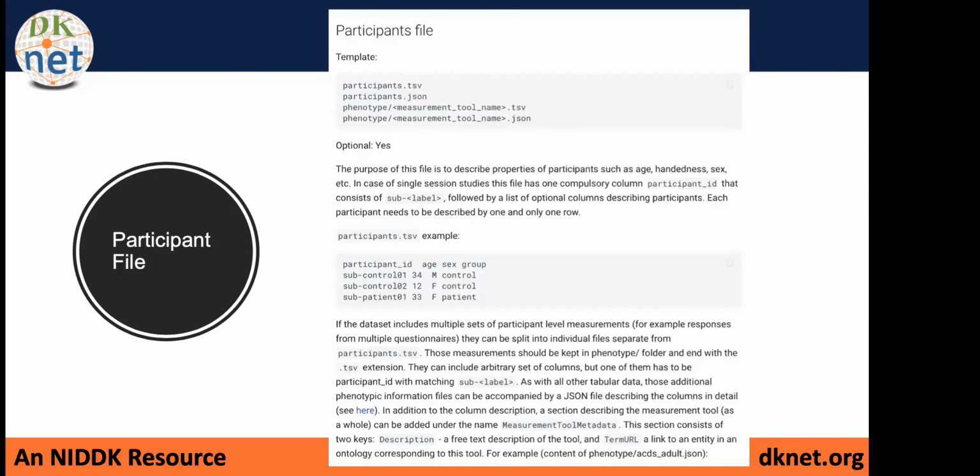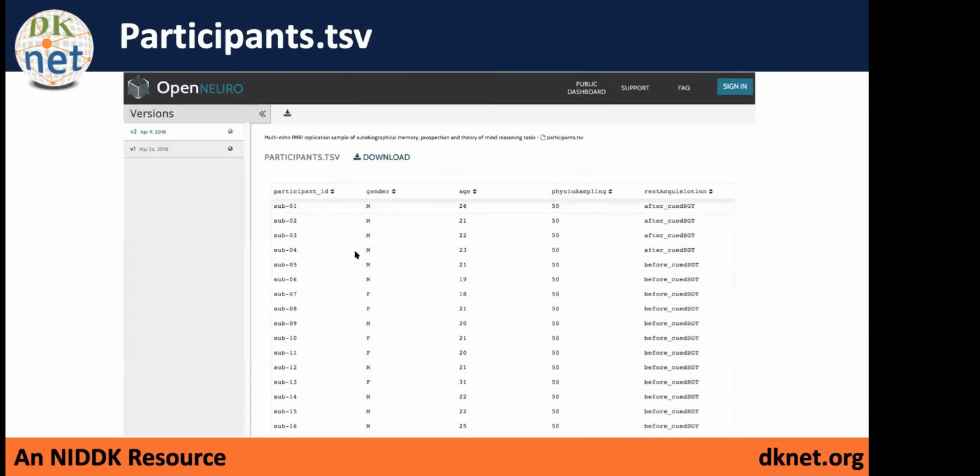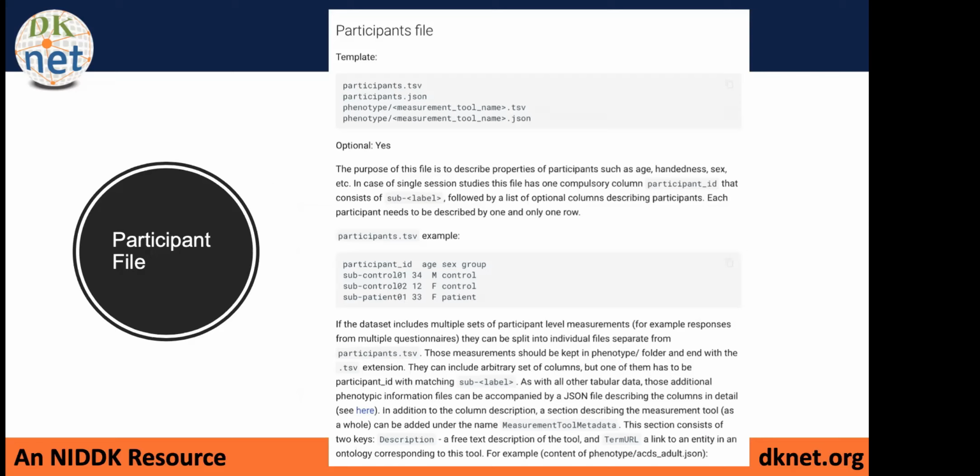For the participant files, in this BIDS format these can be either a spreadsheet or a JSON, and they need to link up to the data, right? So you have the participant ID, and this needs to map directly to your directory structure. It's important to make sure that your description files link directly to the directory.